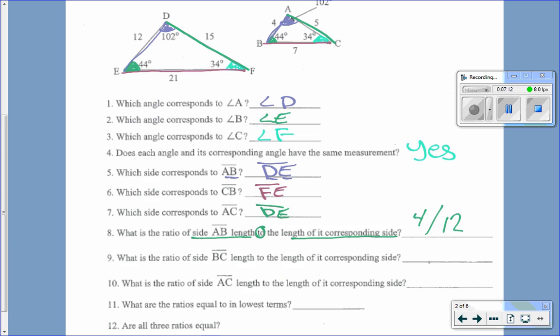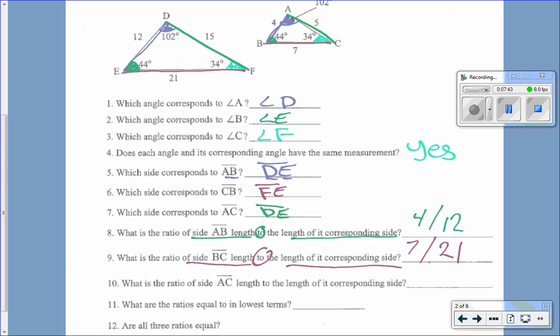Moving on to number 9. What is the ratio of side BC length to the length of its corresponding side? Oh wait, I jumped down, didn't I? I'm sorry. So BC is 7. Good. Are we good? Questions so far?